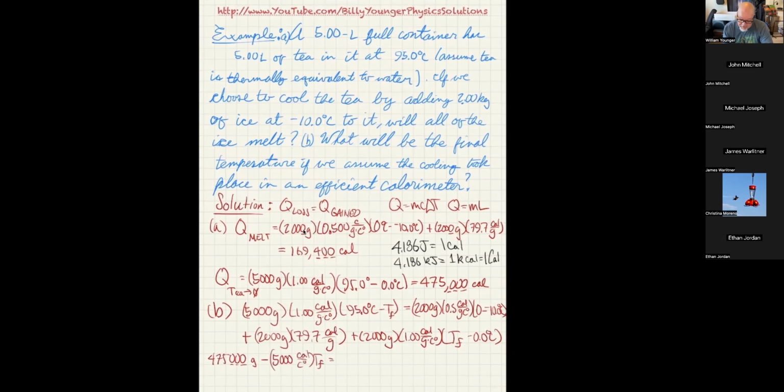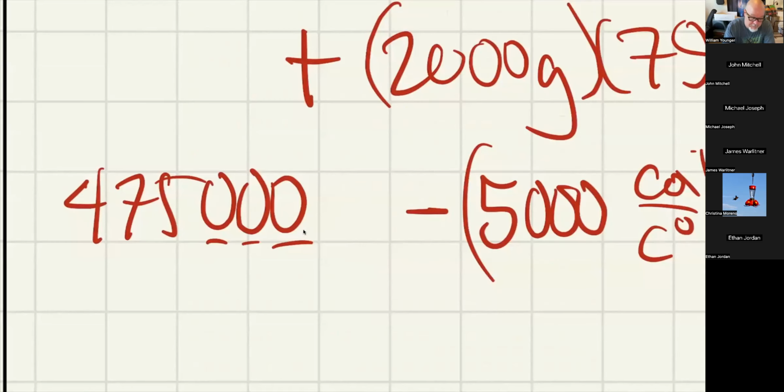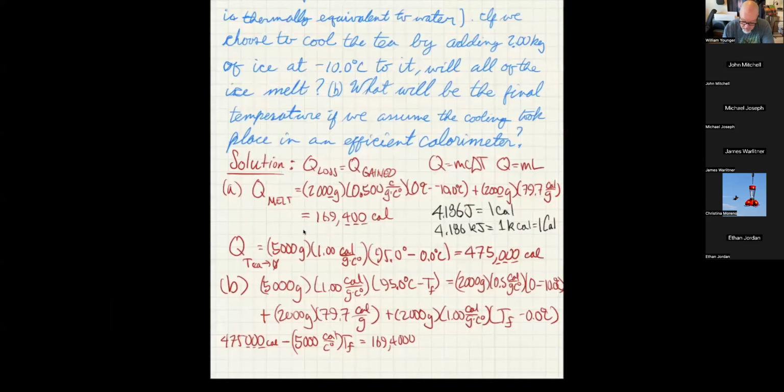The right-hand side is the 2,000 times 0.5 times 0 minus 10 plus the 2,000 times 79.7, which I've already calculated is 169,400 calories. Ooh, that was supposed to be calories back here too. Let me change that real quick before we make a mistake. Okay.